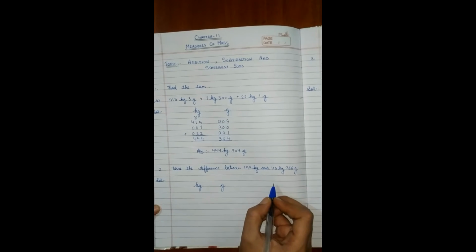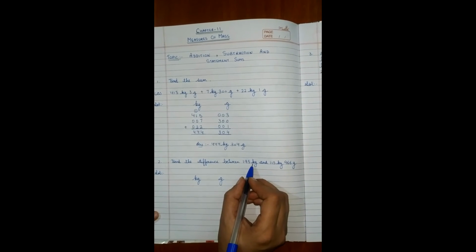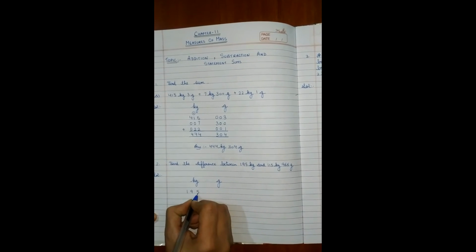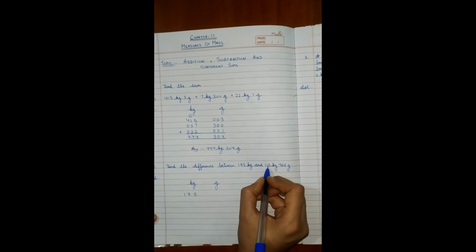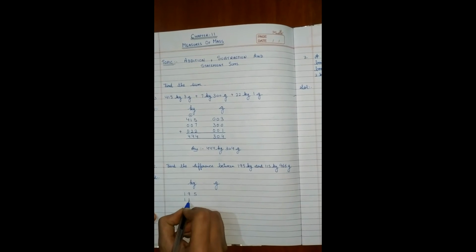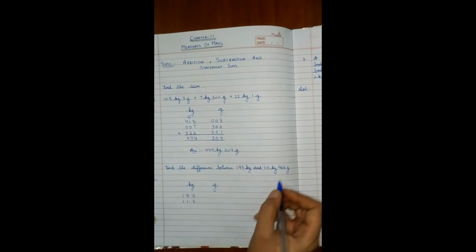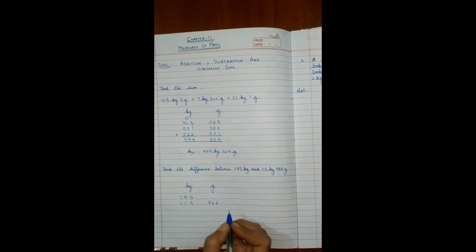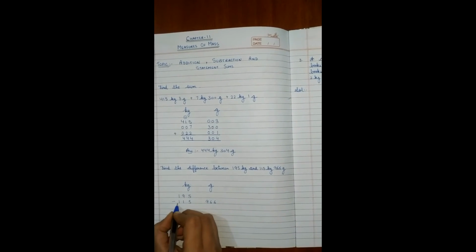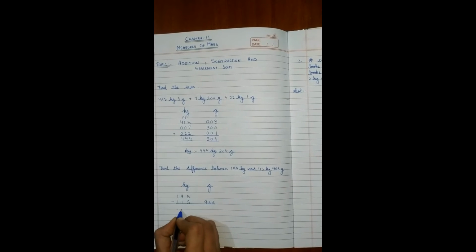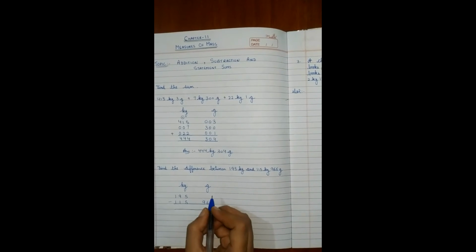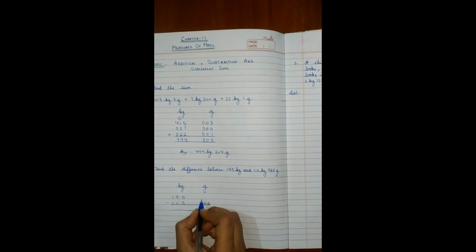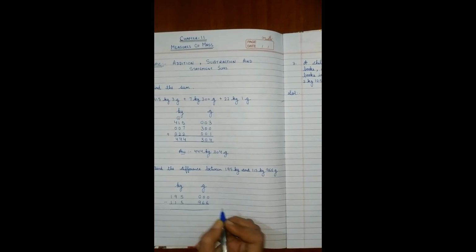Write 195 in the kilograms column, 115 in the kilograms column, and 966 in the grams column. Now we have to find the difference, so put the subtraction sign, that is minus. Here no number is given, so you can put zeros here.